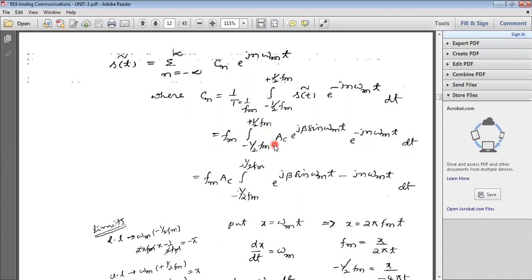Since Ac is a constant, we take it outside, that is Fm into Ac, minus half Fm to plus half Fm, e power j beta sine omega mt minus jn omega mt dt.